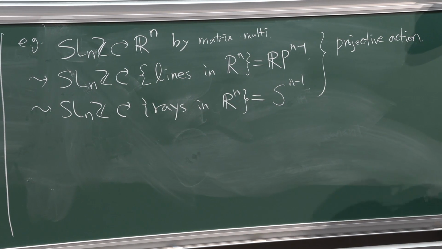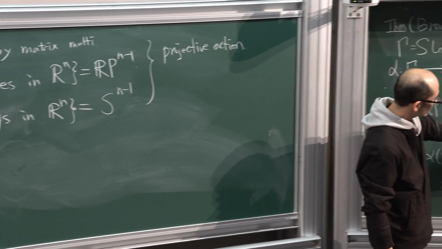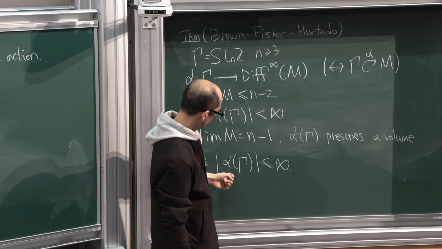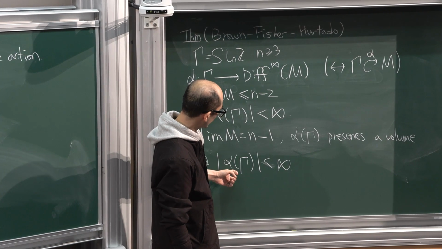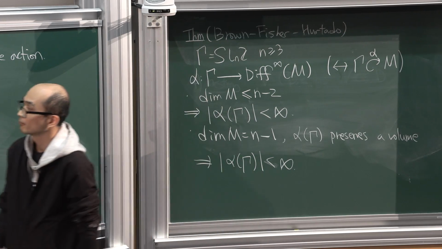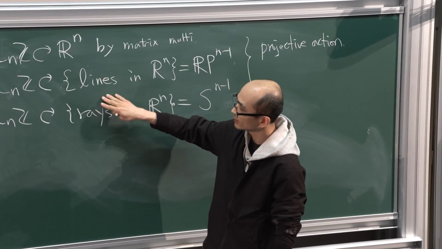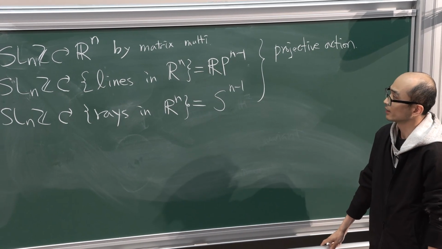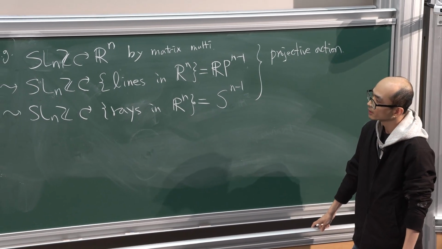So somehow the additional assumption is needed in order to conclude that the group action is trivial, that is, that the image is finite. Because there is a very nice example of a non-trivial action on an n minus 1 dimensional manifold.